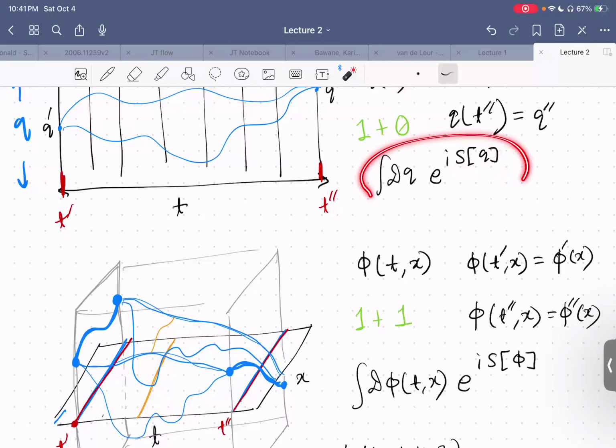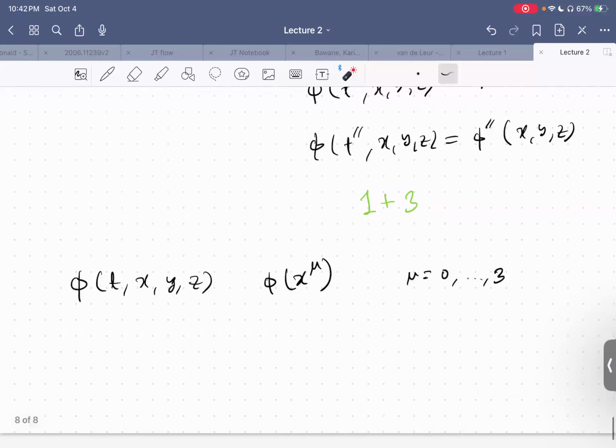And so that's called an action. And also from now on, I'm going to assume that our Hamiltonian is quadratic in momentum, and the coefficient of the quadratic term is independent of position, so that we can integrate out momentum. So the action that we're going to write down is only going to depend on our field and its derivatives, not on the momentum variable that you have encountered in canonical quantization.